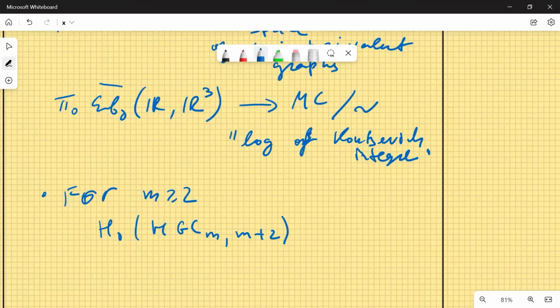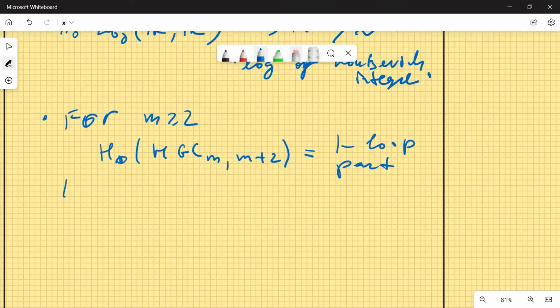This is H0, one loop part. And this part is spanned by the graphs which we call hedgehogs. So the graphs which look like this.